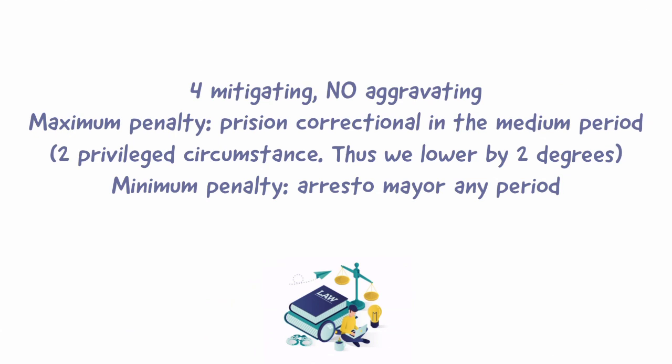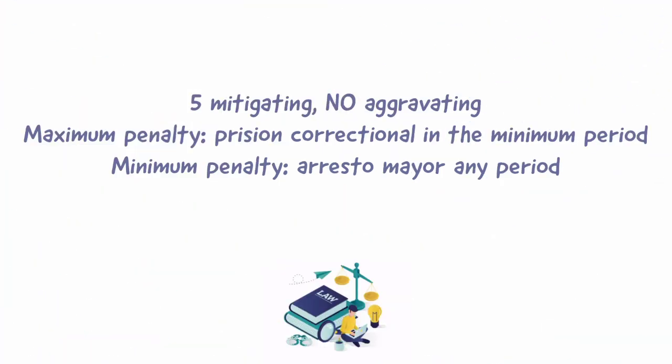4 mitigating, no aggravating, maximum penalty, prison correctional in the medium period, 2 privileged circumstances. Thus we lower by 2 degrees, minimum penalty, arresto mayor any period. 5 mitigating, no aggravating, maximum penalty, prison correctional in the minimum period, minimum penalty, arresto mayor any period.